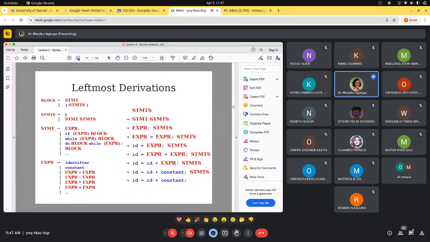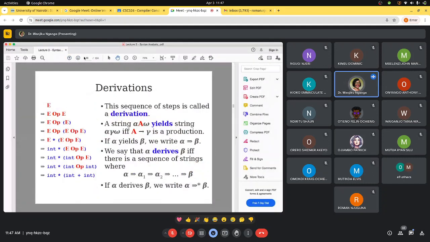The other thing we talked about were derivations. So we have different types of derivations. We talked about leftmost derivations. We also talked about rightmost derivations. So can somebody remind us what was the leftmost derivation?